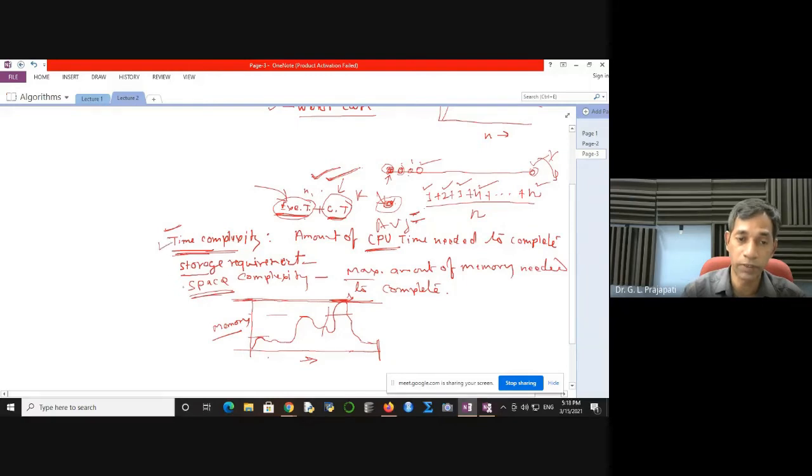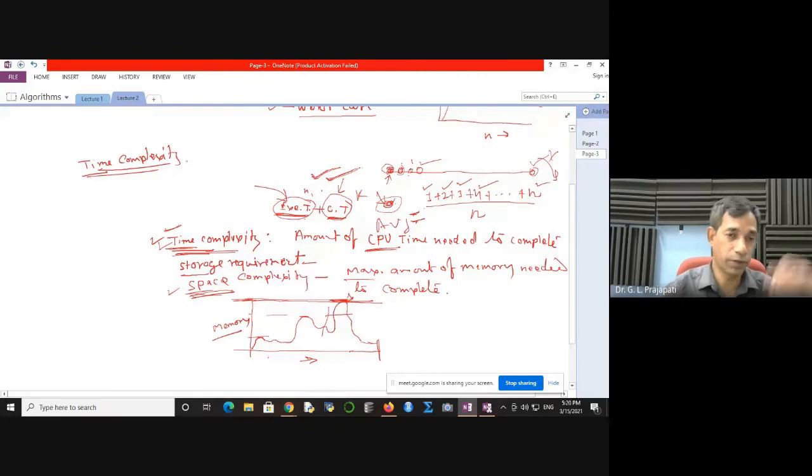So time complexity and space complexity, these are the two important factors. One is time and the other is space. Whenever we go for the time complexity of our algorithms, we count the operations in the algorithm.